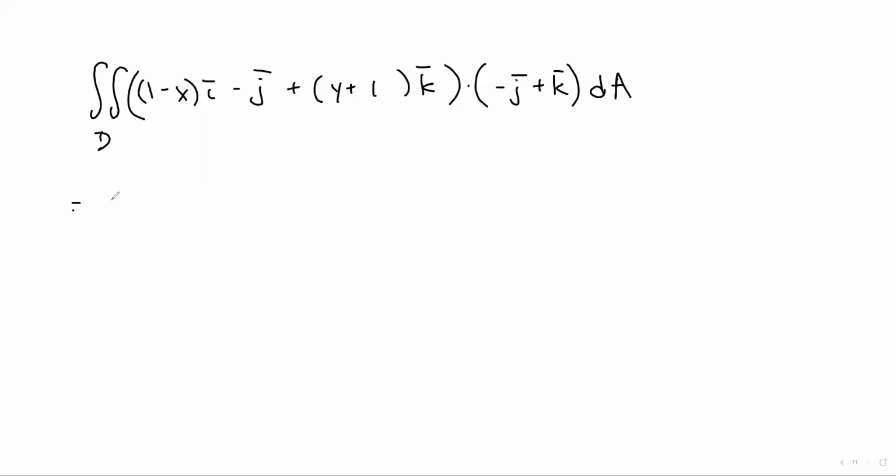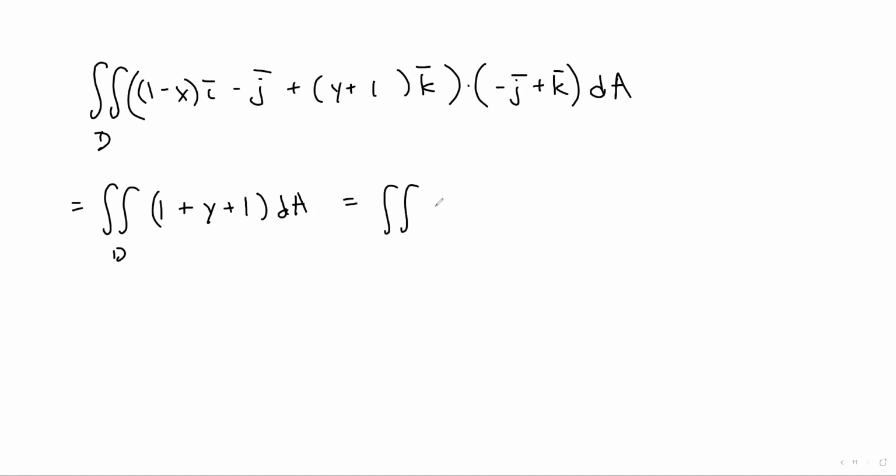All right, so let's simplify this. We've got 1 minus x, and then there's no i component, so that just goes away. Minus j dotted with minus j, that's going to give us 1. And then we have y plus 1 with 1. So that gives us y plus 1 dA.